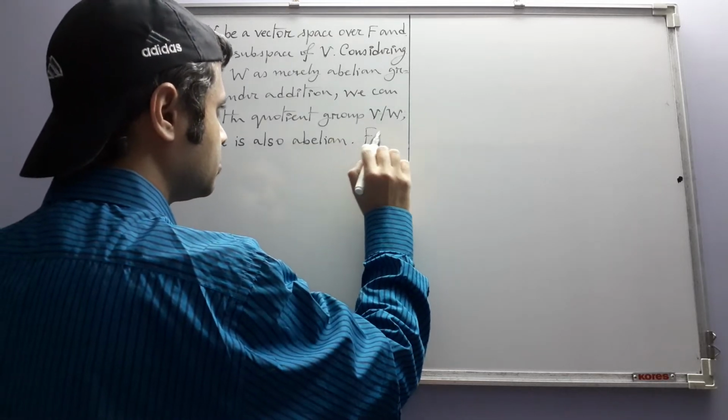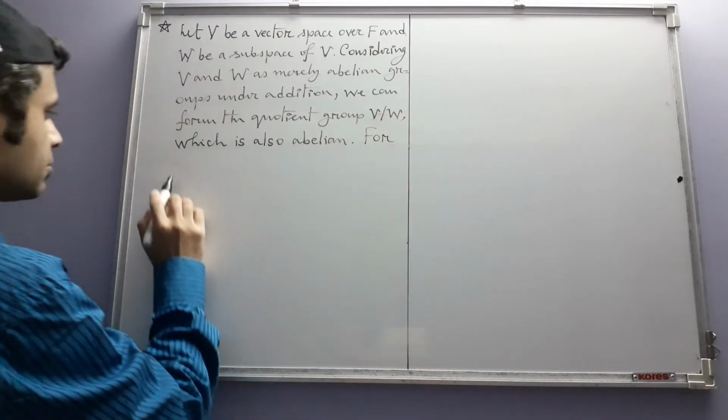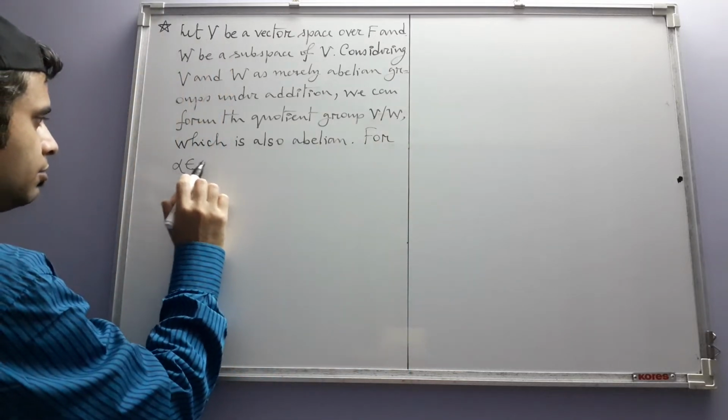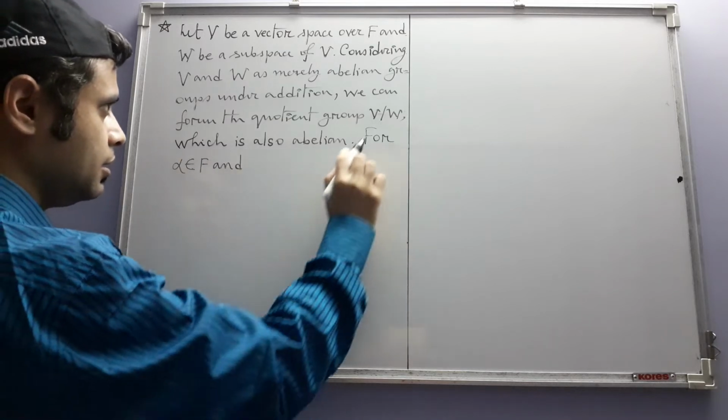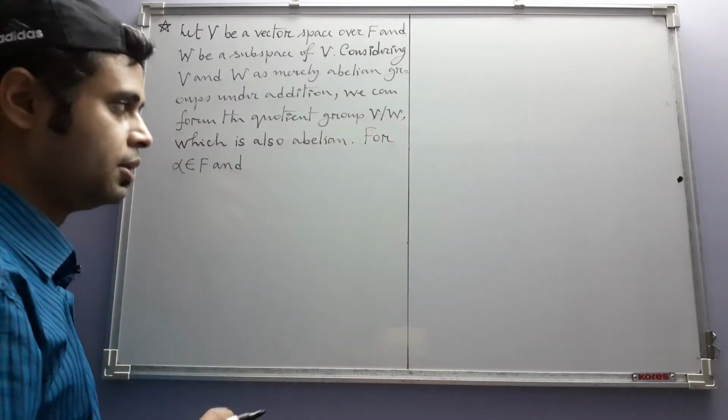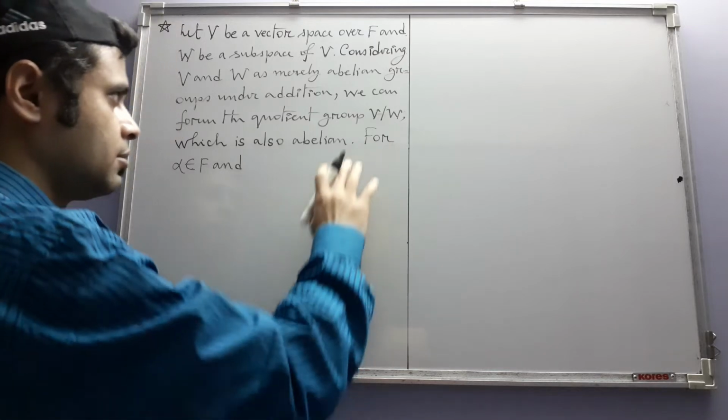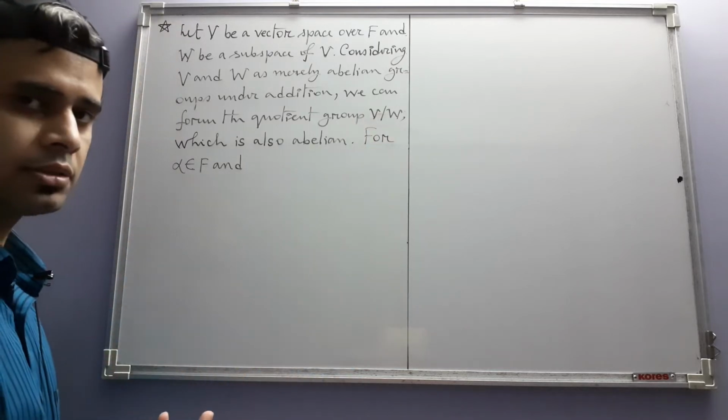For any field element alpha and any element in V by W. What are the elements in V by W?